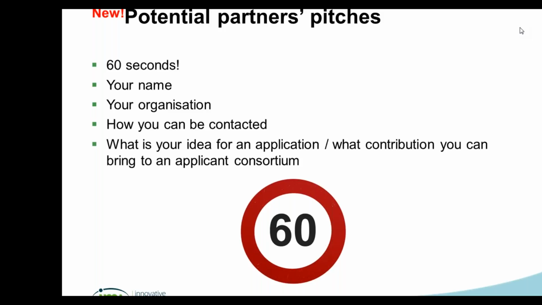Thank you, Natalie. Now we have a question from Charlotte Barker asking if it would be permissible to be a partner in more than one bid. So I don't know if you refer to more than one proposal for the same topic. Of course, there is no rule preventing you from being part of more than one applicant consortium.